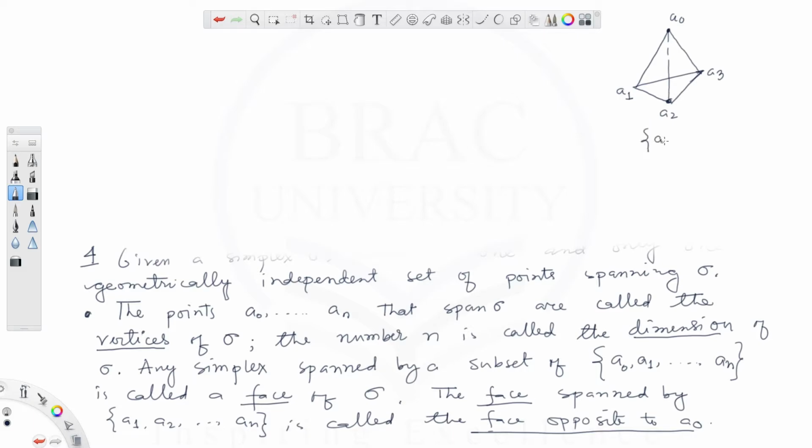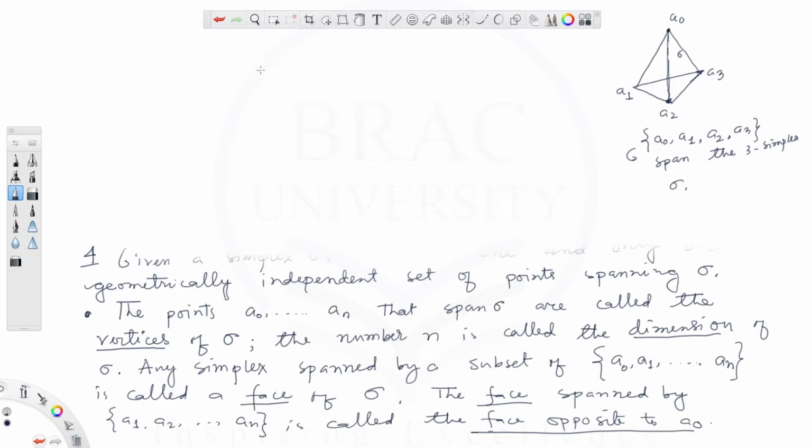So there are 4 points A0, A1, A2, and A3 that span the 3 simplex sigma.